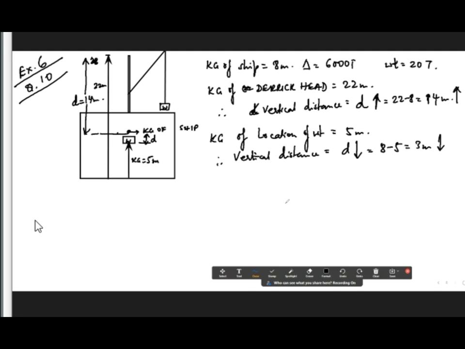So let's do the first one, A. As soon as the derrick lifts the weight, GG1 vertical should be in the upward direction. GG1 goes up, is equal to W into D vertical for the derrick, divided by the displacement. There is no change of displacement.